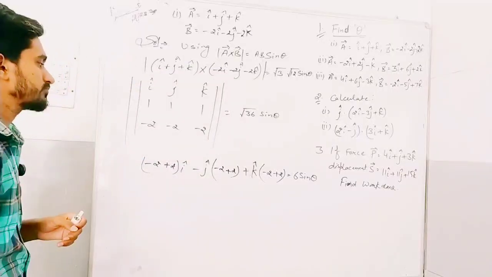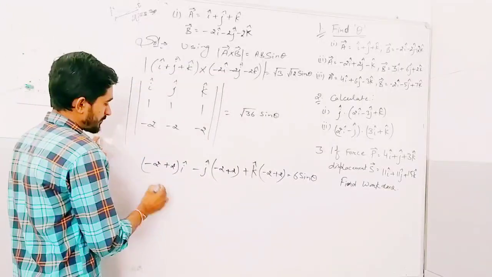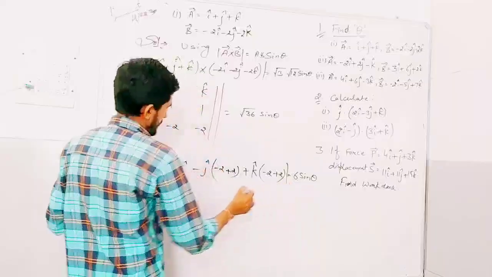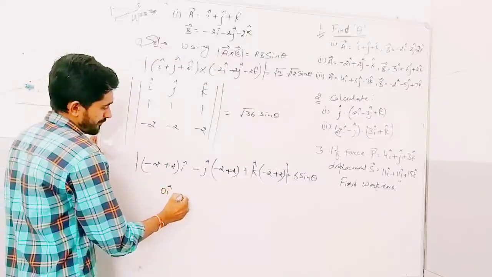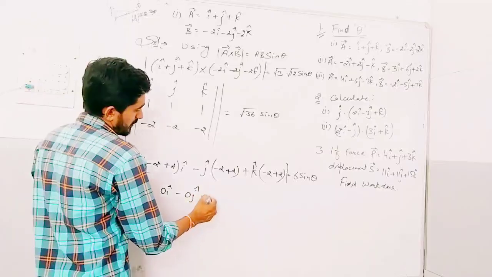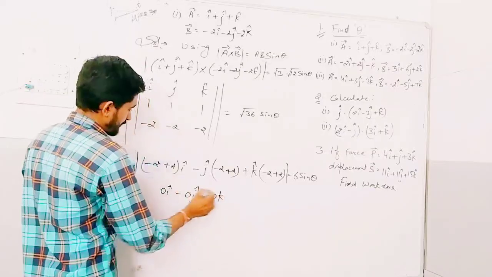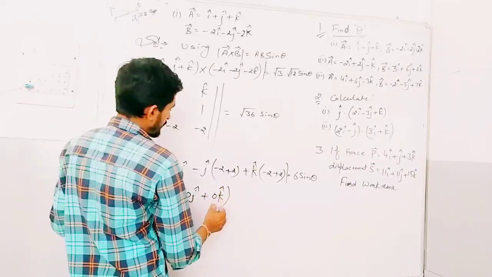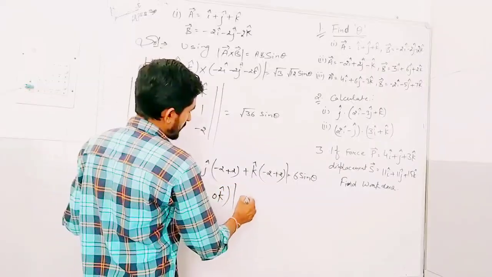Fine. Okay, 0 i cap, and we have to find the magnitude of this: 0 i cap minus 0 j cap plus 0 k cap, that is 0 0 0, and then we find its magnitude.